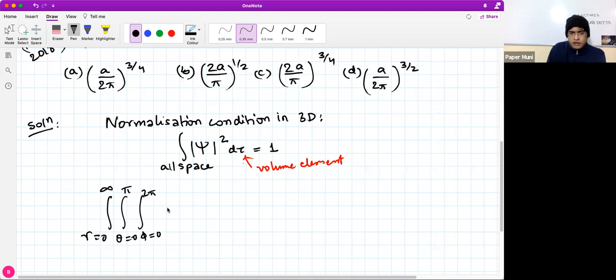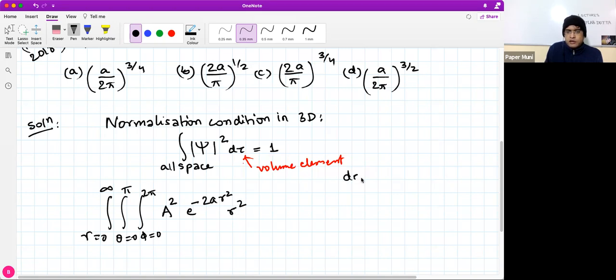The wave function is real, so we can directly square the wave function, and we don't need to take the mod.